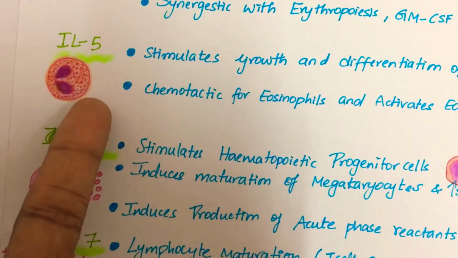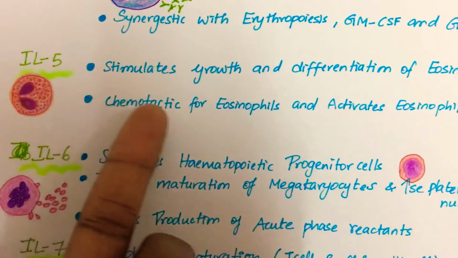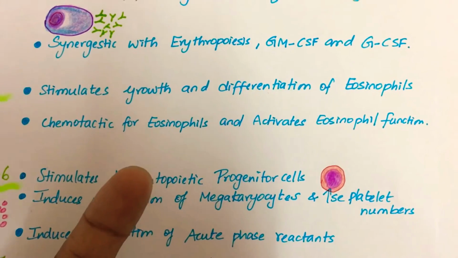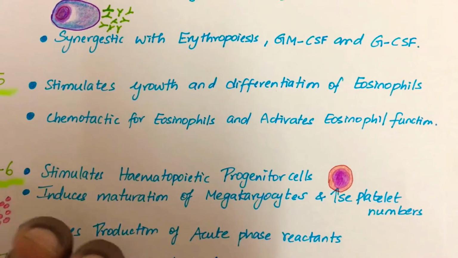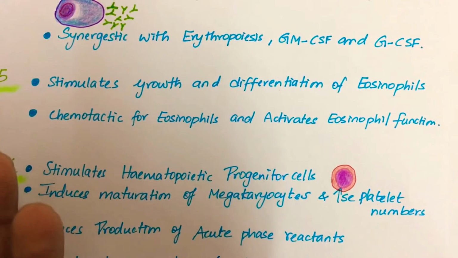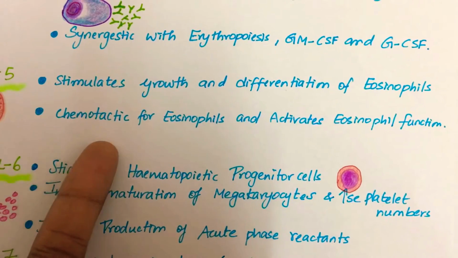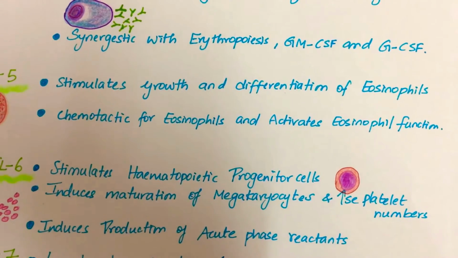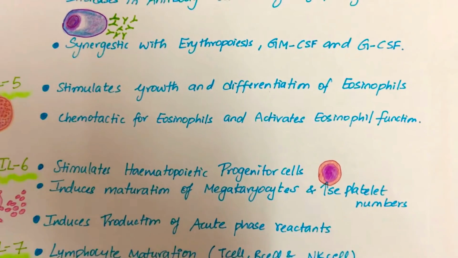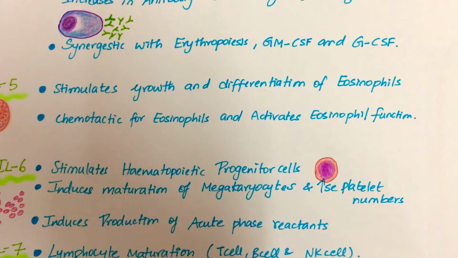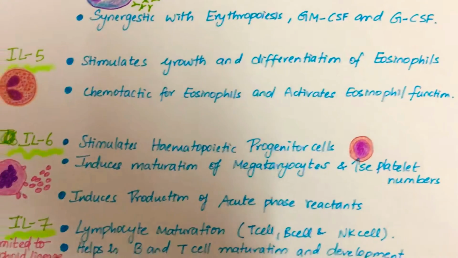Its main effect is going to be on eosinophils. It is going to stimulate the growth and differentiation of eosinophils, and it also increases the chemotactic activity of eosinophils, and it is going to activate or enhance the eosinophil function.